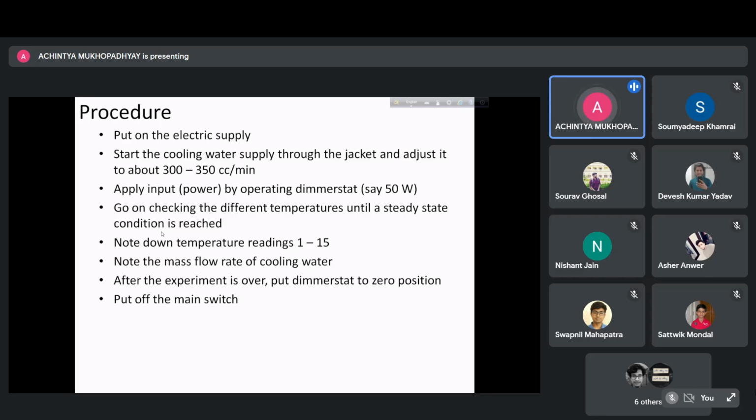You will just collect the water in some graduated vessel, a graduated cylinder or something like that, for a specified amount of time, and note how much water has been collected. From that you know the rate of water flow.